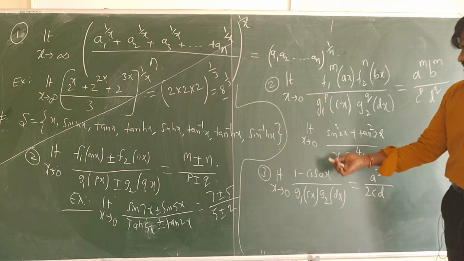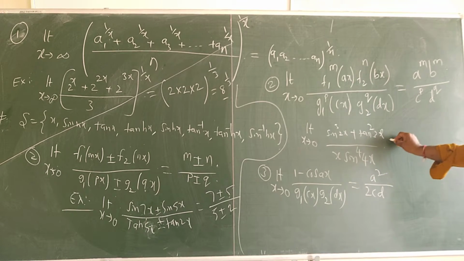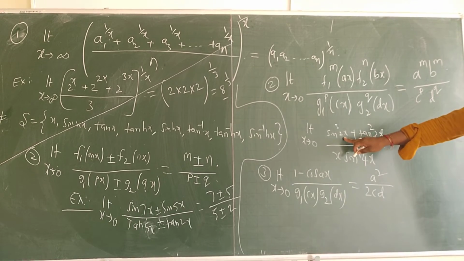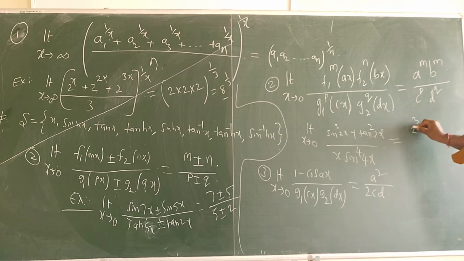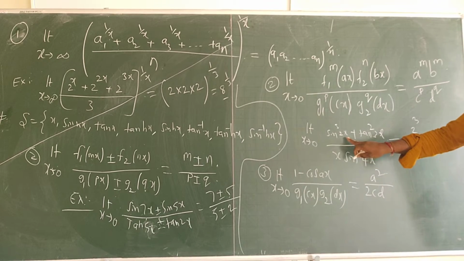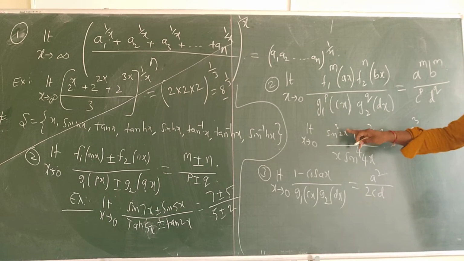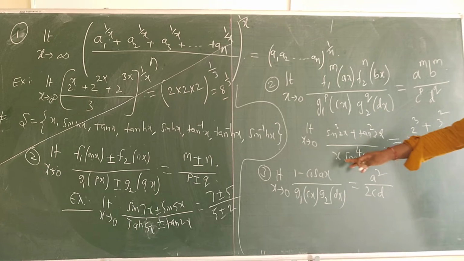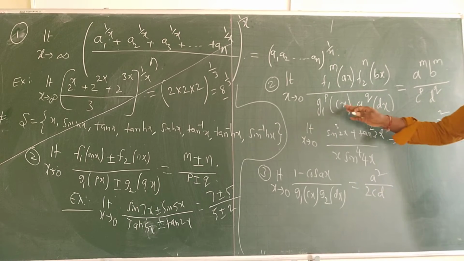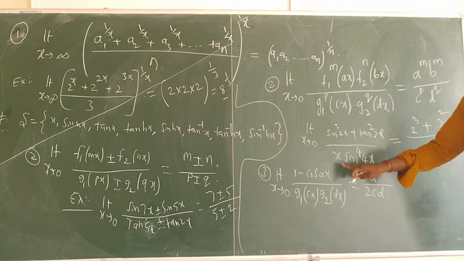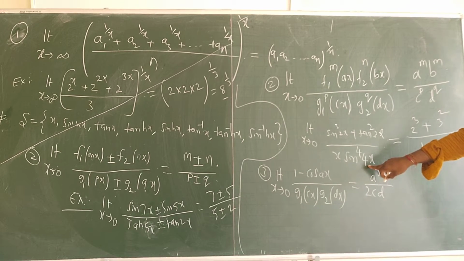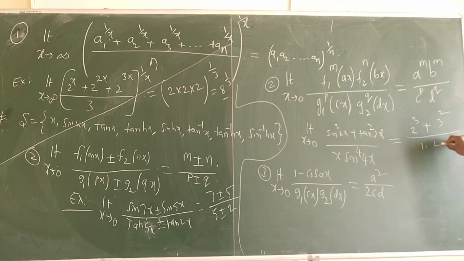Now whenever you have such a pattern, for this one what will be the answer, tell me? See here, what do you get as the answer? 2 cube, plus what do you get here? 3 square divided by, c is not there here. It should be inside, it is not in the function. c is 1 here, and d is 4, so 4 power 4.